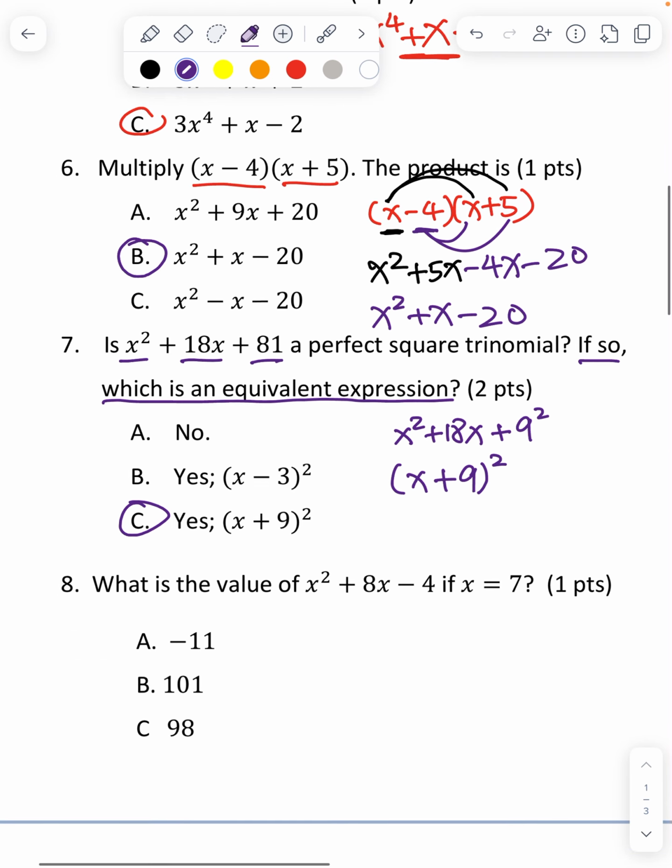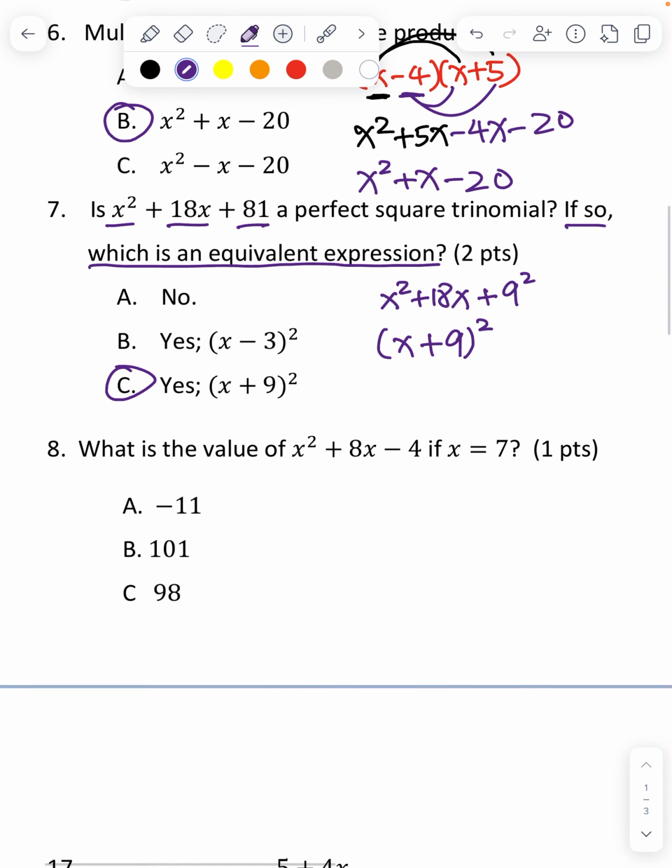Okay, number 8. What is the value of this polynomial if x equals 7? We're going to replace x by 7. So x squared means 7 squared, plus 8 times 7, and then minus 4. 7 squared is 49. 8 times 7 is 56, and then minus 4.